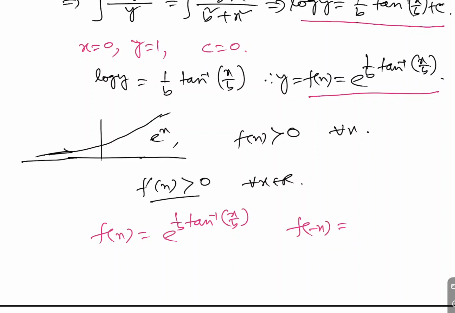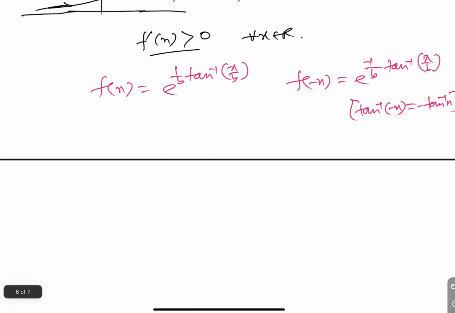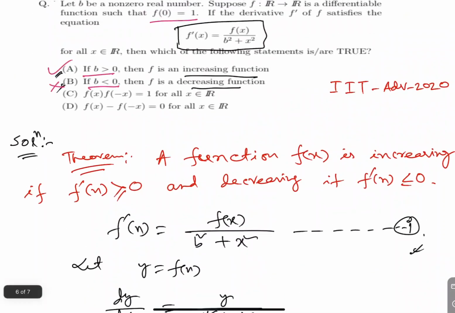It will be e to the power minus (1/b) tan⁻¹(x/b), because we know that tan⁻¹(-x) equals minus tan⁻¹(x). So f(x) times f(-x) will be e to the power 0. Okay, it's 1.